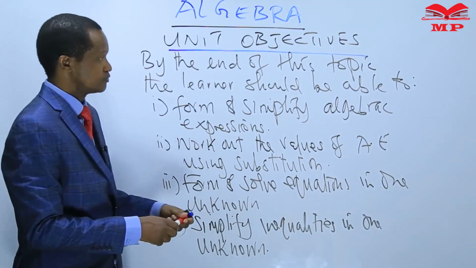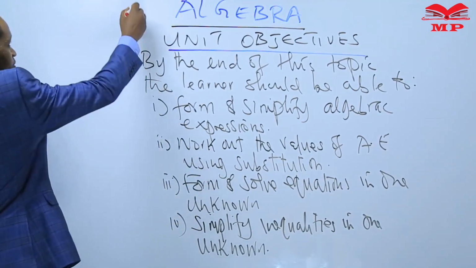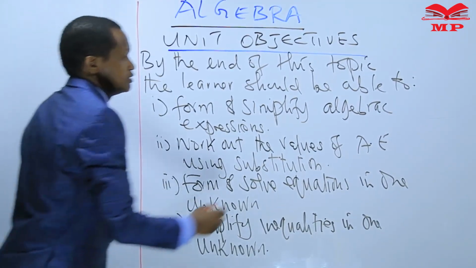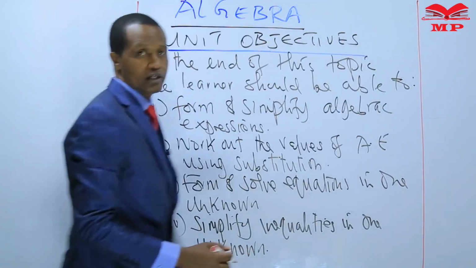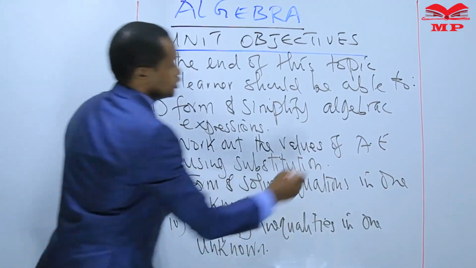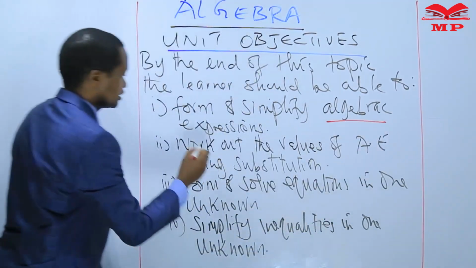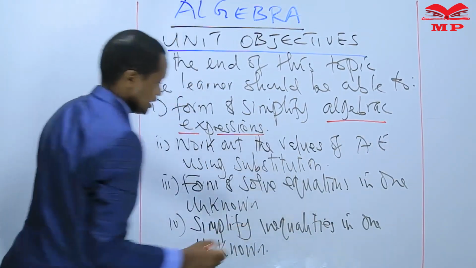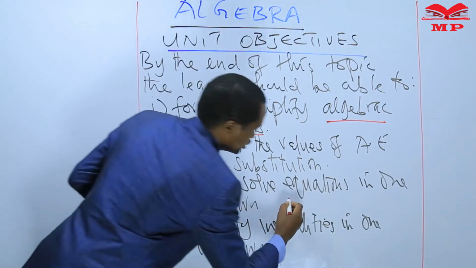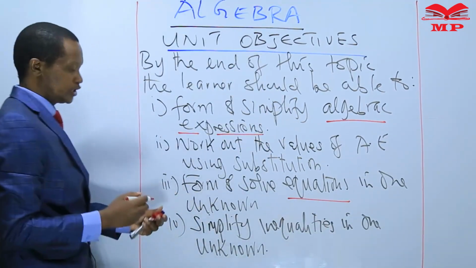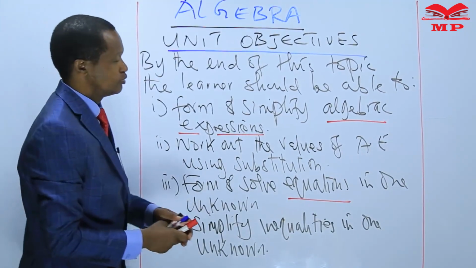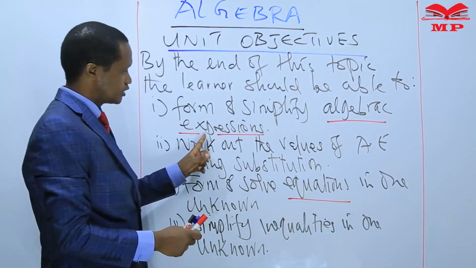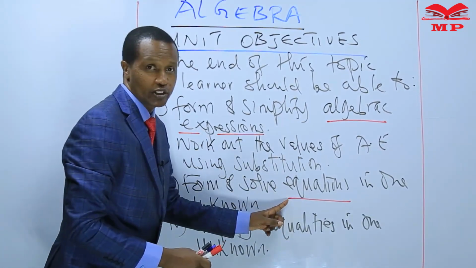And it may be important for us to make a distinction at this juncture between algebraic expressions and equations. In studying algebra, our main focus will be on algebraic expressions and equations.